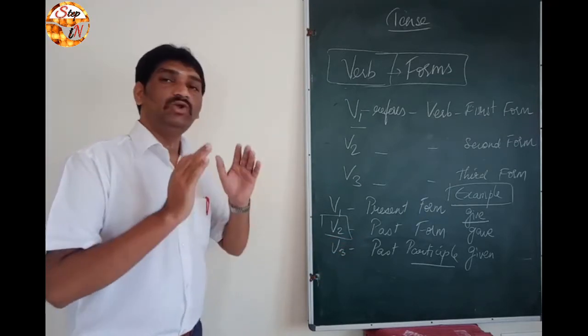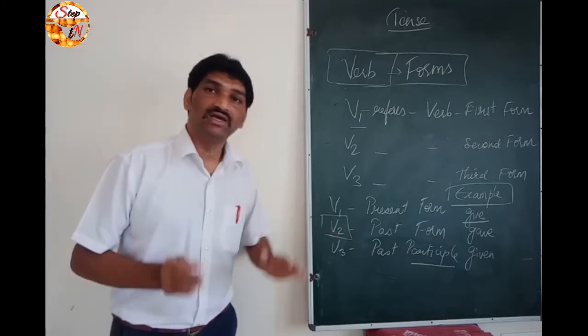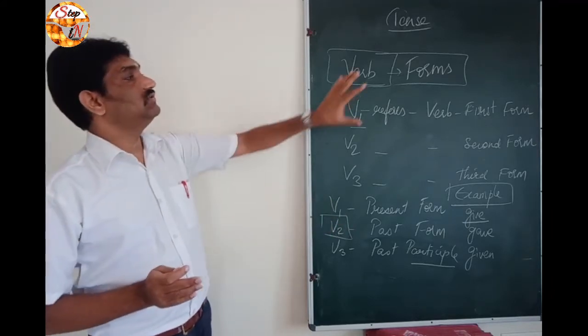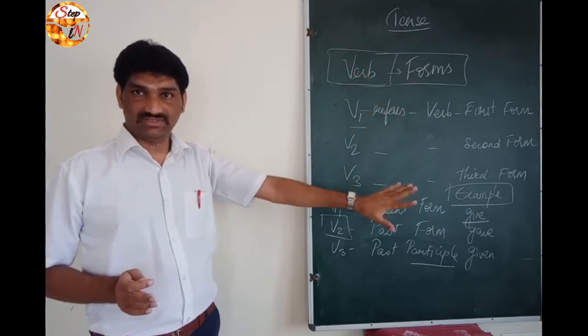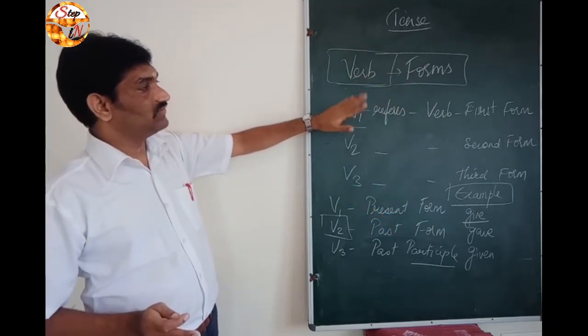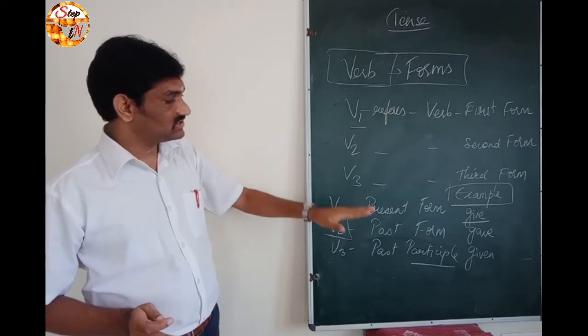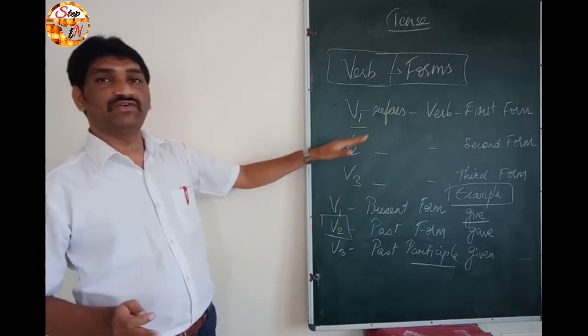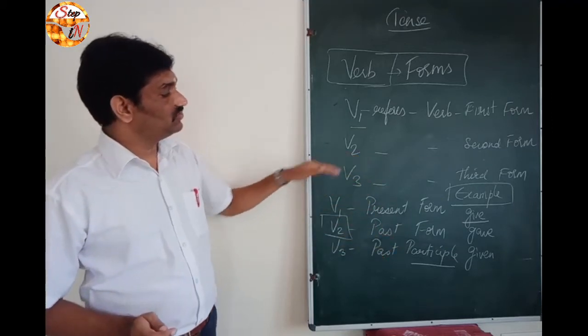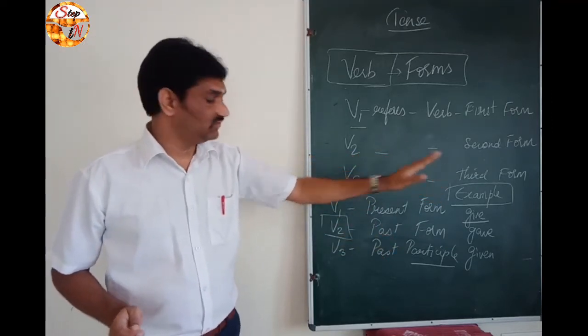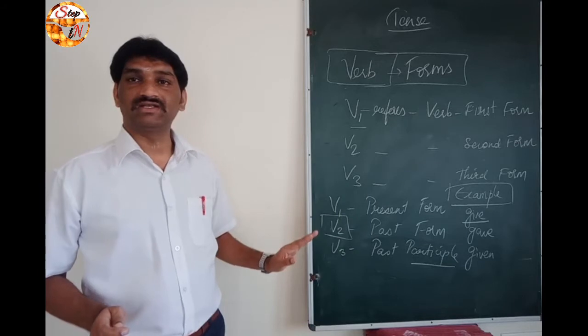Again I repeat, don't confuse this with the tense here. We are just seeing about the verb forms mainly which are required for our tenses. Got it? So verb 1 refers to the first form, that is present form. Verb 2 refers to the second form of the verb, that is past form. And verb 3 is the third form of the verb, that is called past participle.